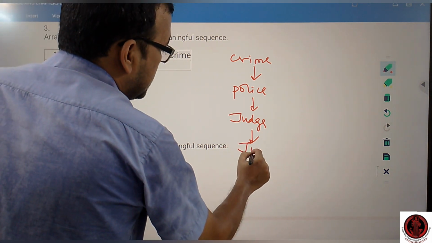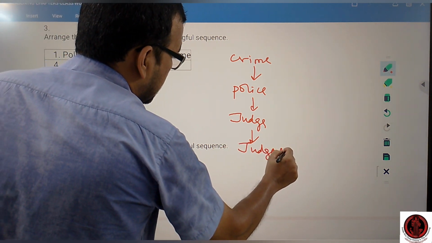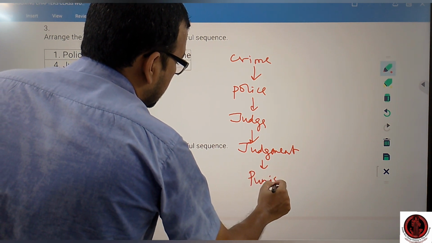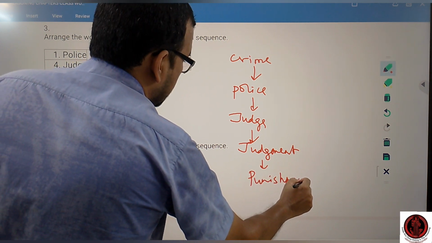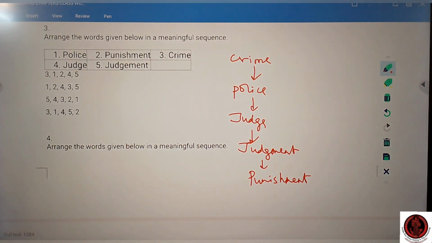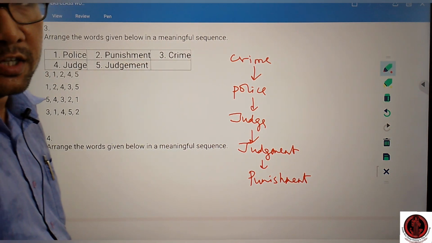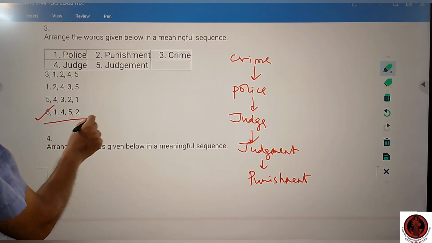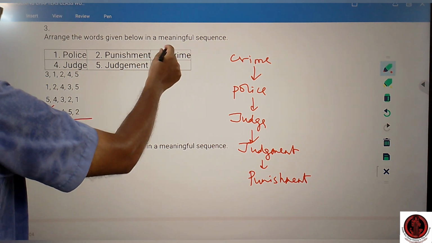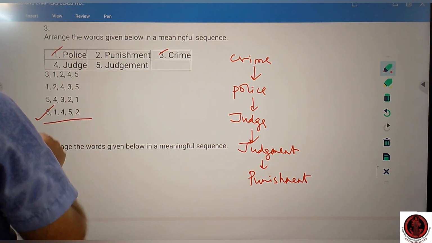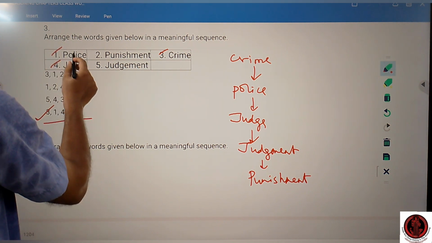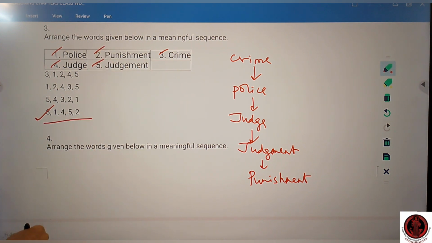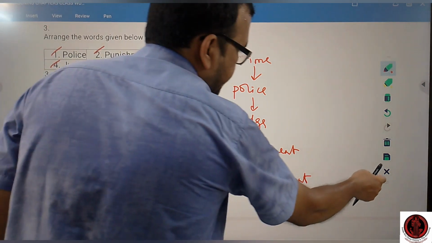Then the judge will give judgment. Then only you will get punished. So the answer is option D. First crime means 3, then police means 1, then judge means 4, then judgment means 5, then punishment means 2. Okay.